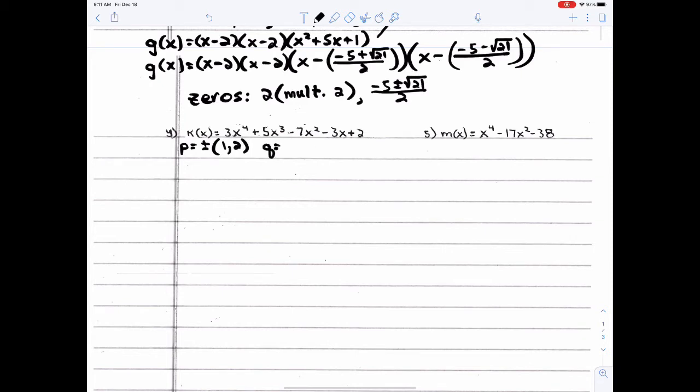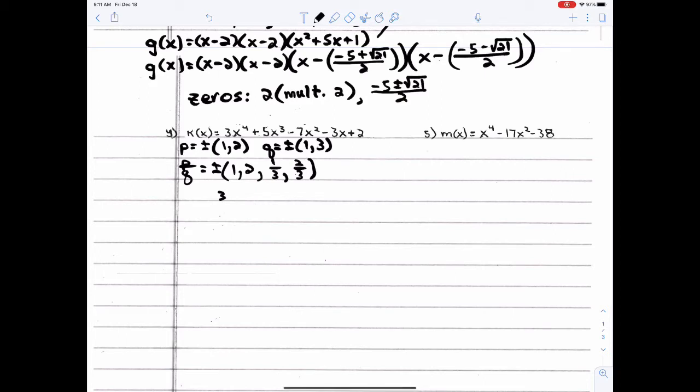Q is going to be plus and minus 1 and 3. So we got P over Q is plus and minus both those numbers over 1, then both of those numbers over 3. So that's 8 numbers.